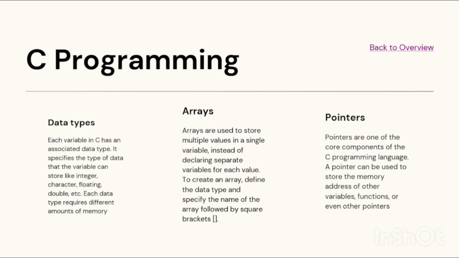To create an array, define the data type and specify the name of the array followed by square brackets. And then pointers. Pointers are one of the core components of the C programming language. A pointer can be used to store the memory address of other variables, functions, or even other pointers.